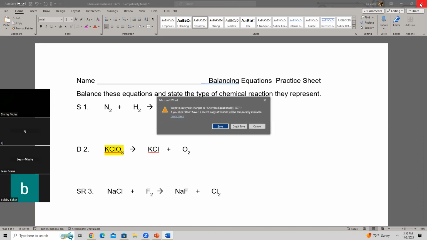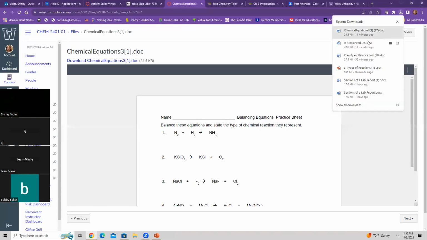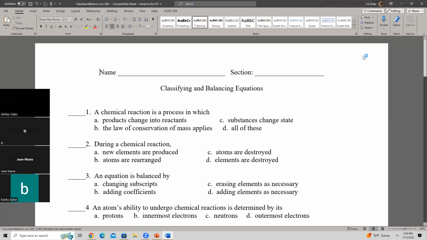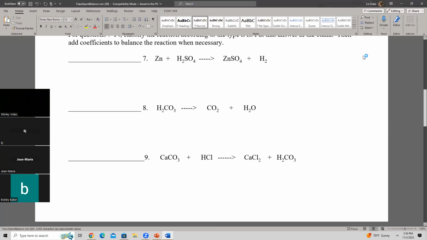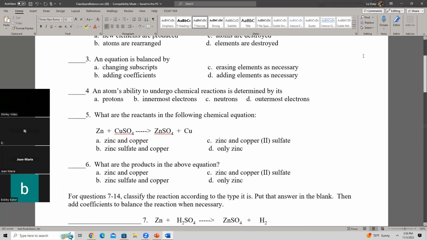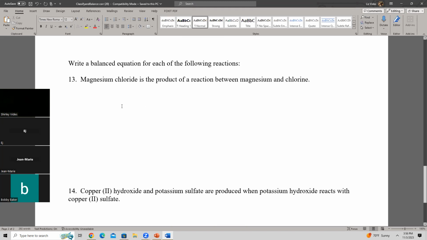Anyway, but that's the way to tell. Like right here, this is what I was talking about. We didn't save it, but that's the magnesium and oxygen reaction. Except it's magnesium and chlorine, which is the same thing.